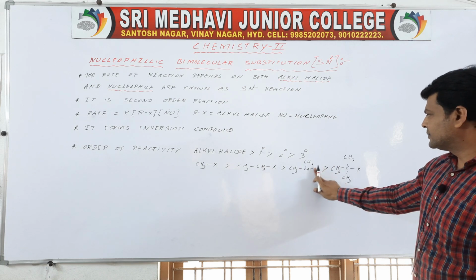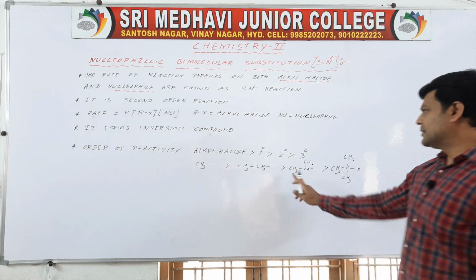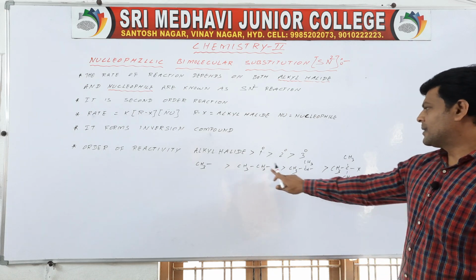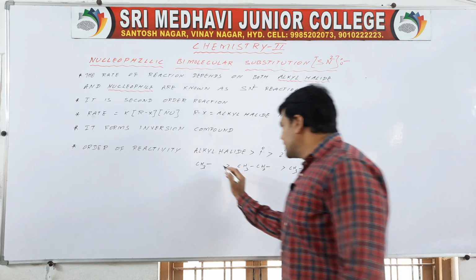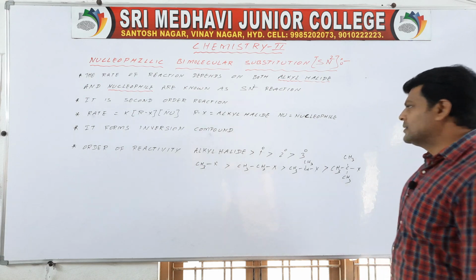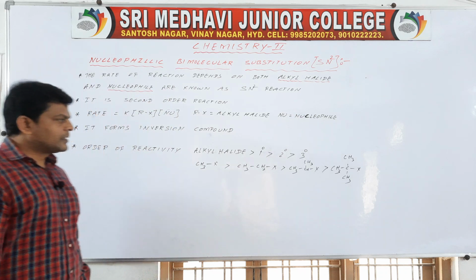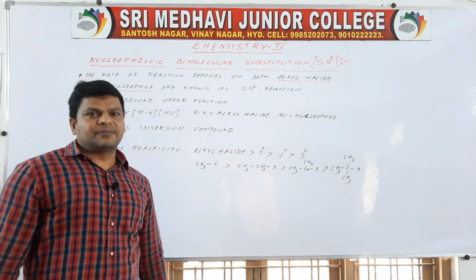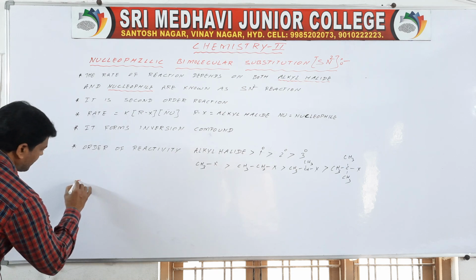So this is the alkyl halide, primary, secondary and tertiary. Okay, this is the order of reactivity. Then we will discuss with the help of an example.